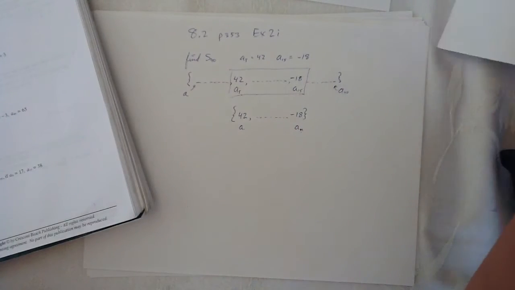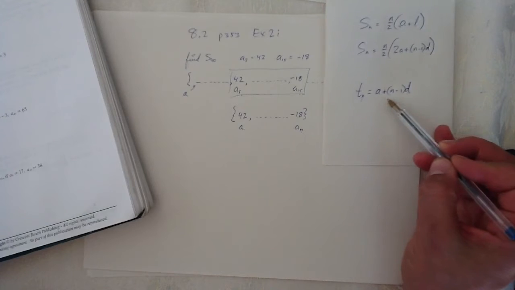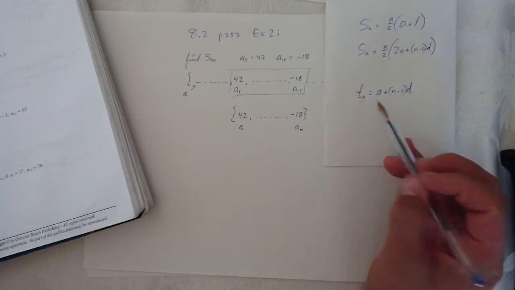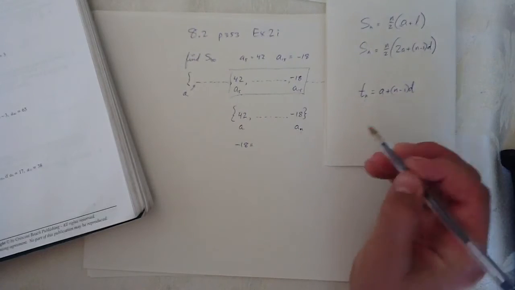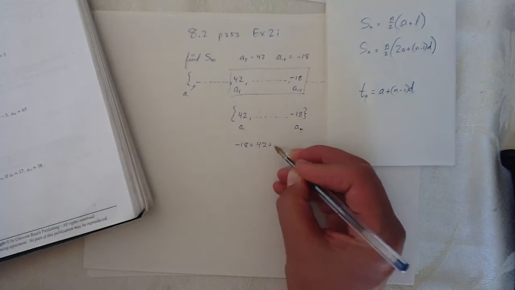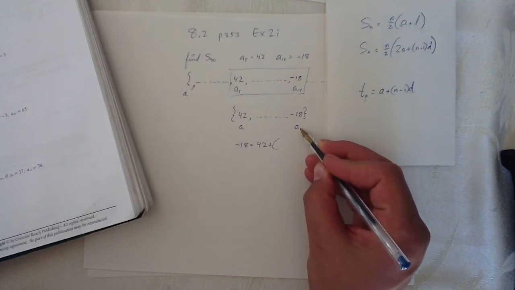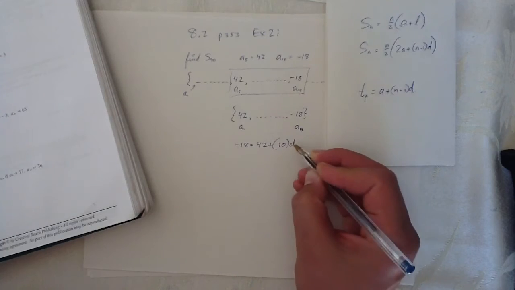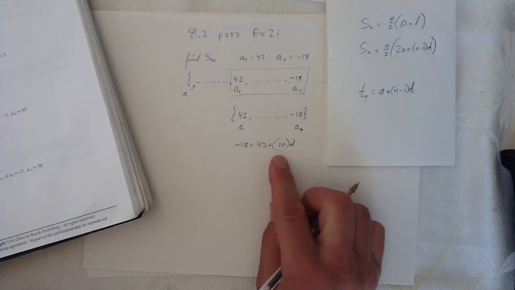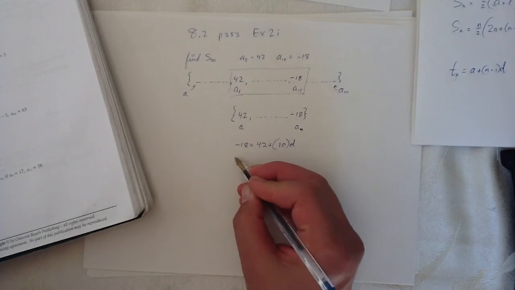So we can use the formula from this little toolkit to calculate D, because we know the final term, negative 18, equals the first term, which is 42, plus n minus 1, and n is 11. There's 11 terms in there, so 11 minus 1 is 10, times D. Let's solve for D. Subtract 42 from both sides.